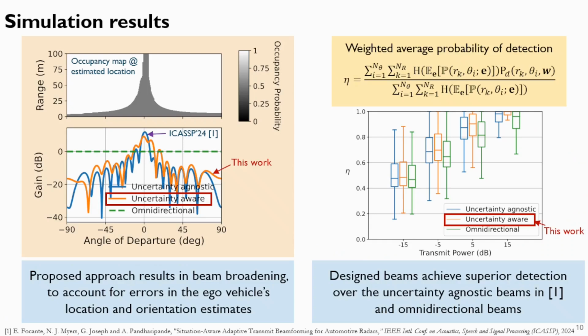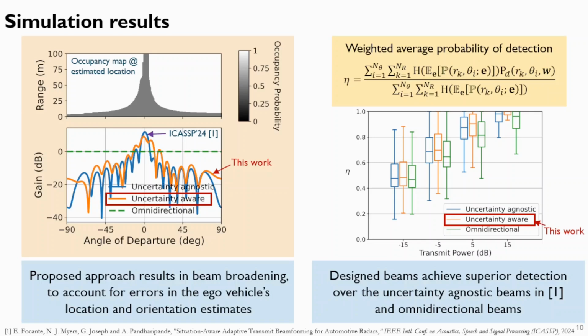As you can see from this result, with a situation aware beam that is agnostic to any uncertainty effects, you end up with the blue beam shown over there, which is focused along one direction. But when you embed statistical information about localization uncertainties, this beam widens to the orange one, right?